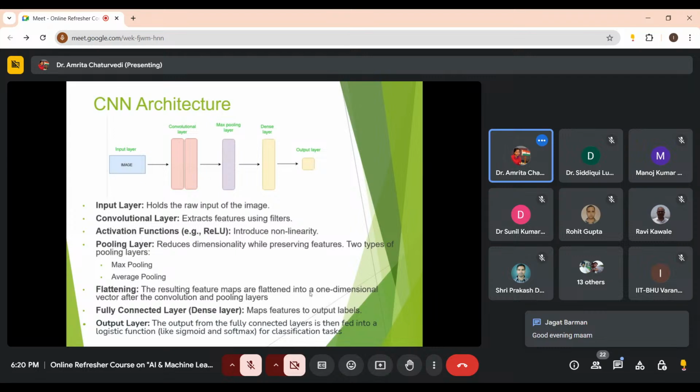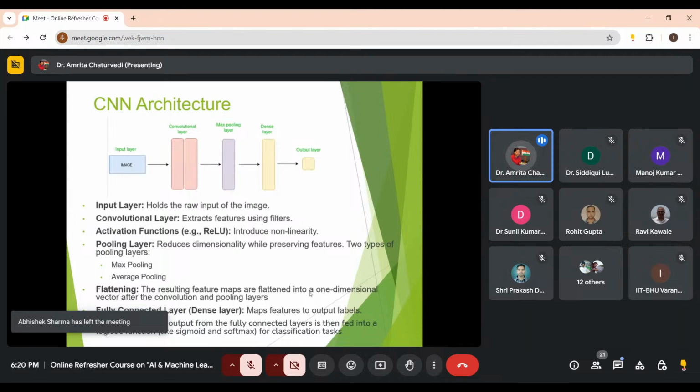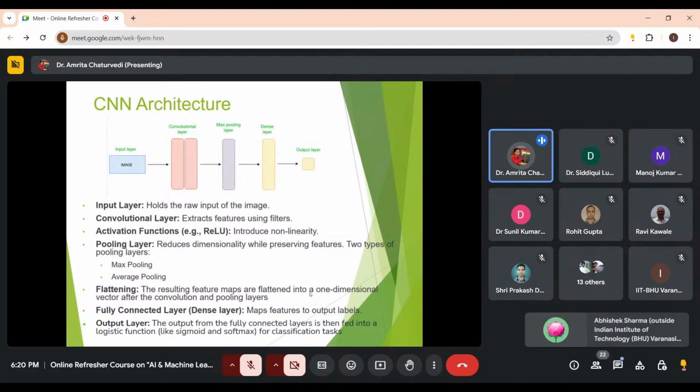Another is your pooling layer. The pooling layer reduces dimensionality while preserving features. Two types of pooling layers are there: max pooling and average pooling. Then once your dimensionality has been reduced, the output goes to the flattening layer. The resulting feature maps are flattened into a one-dimensional vector after the convolution and pooling layers.